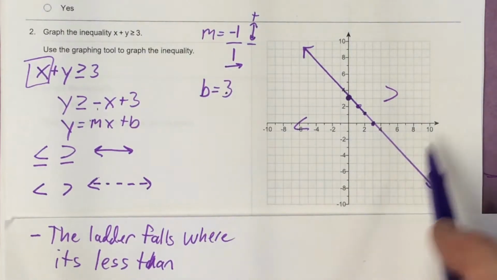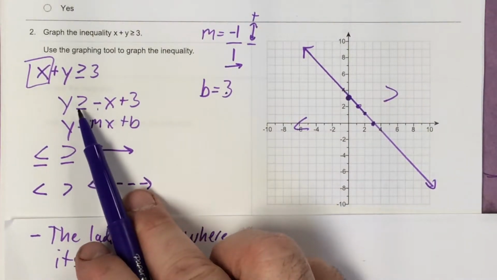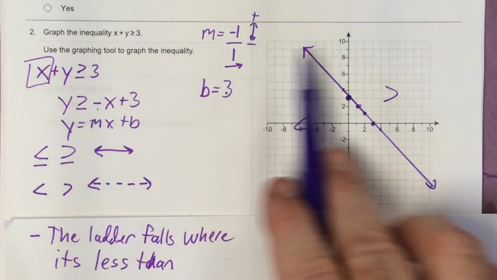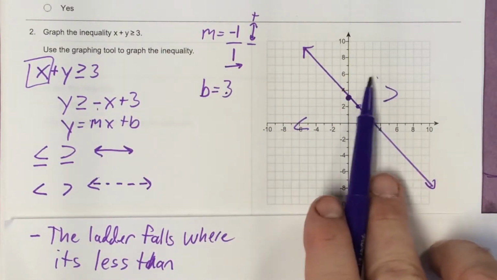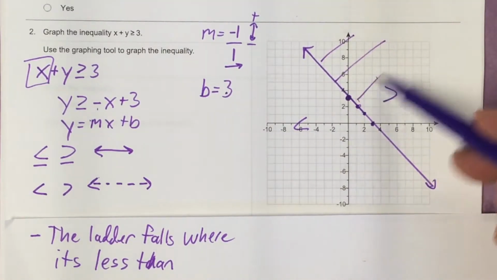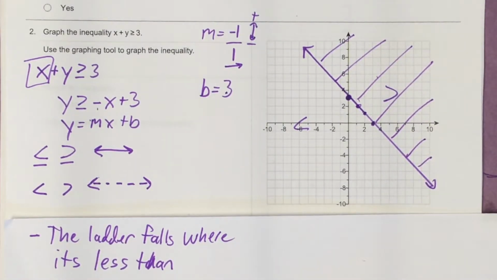So I go back to my inequality now and I see what symbol is being used. Since I have here that y is greater than or equal to, what I'm going to do now is pick this side of the line and I'm going to shade this side of the line, as I'm showing here. Now, why would I shade this side of the line?